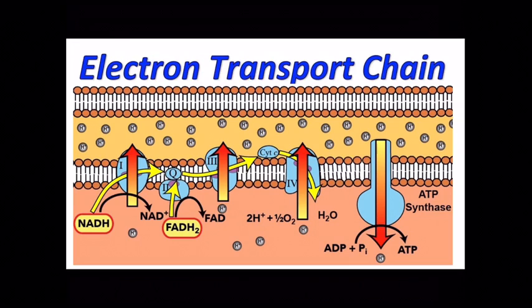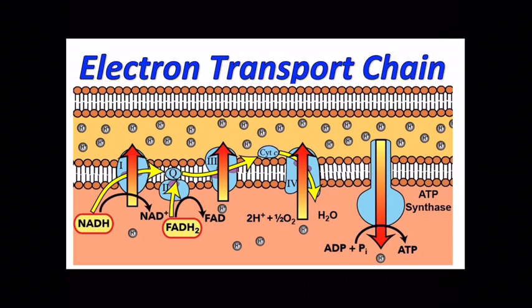And as they flow through there, and they definitely want to flow through there because there's a high concentration of them in the intermembrane space, they literally turn that protein that's called ATP synthase. The turning of that ATP synthase takes ADP and attaches a phosphate group to it. That's our phosphorylation that we looked at when we were looking at the terms initially, and turns it into ATP.